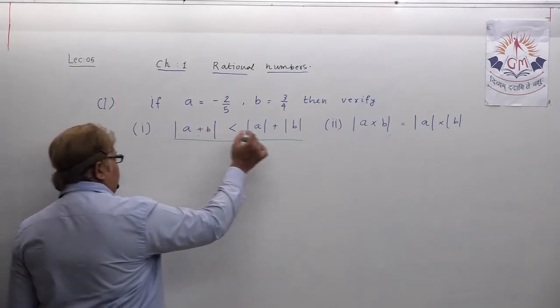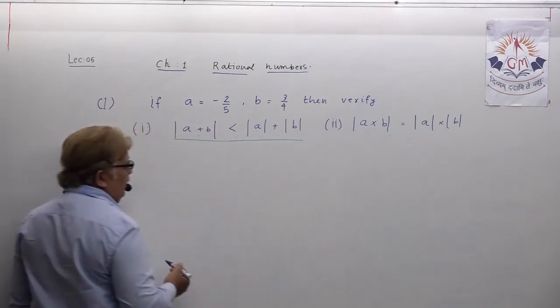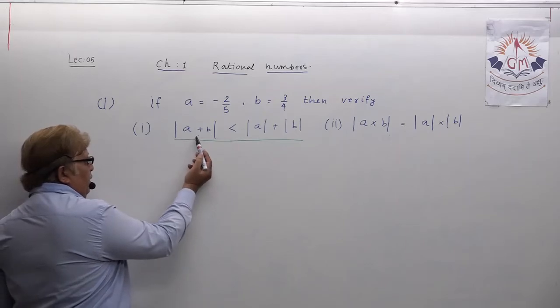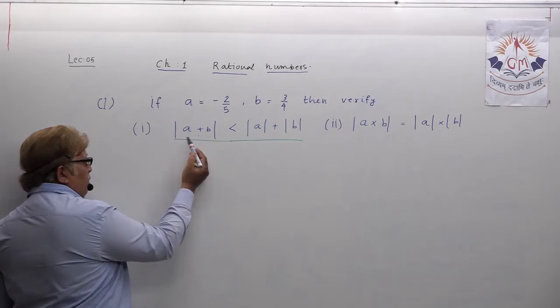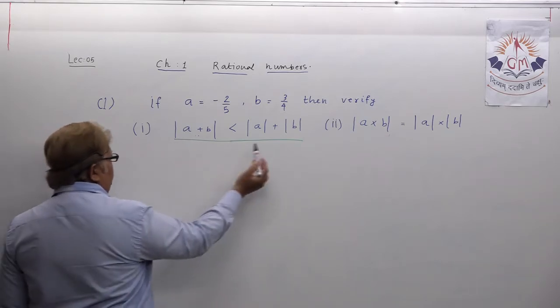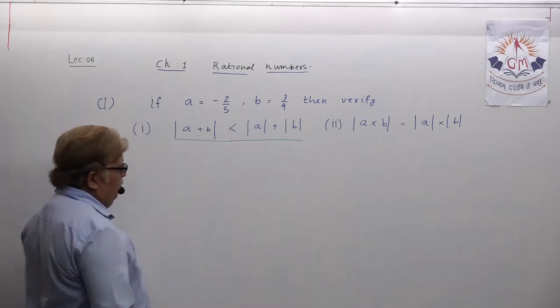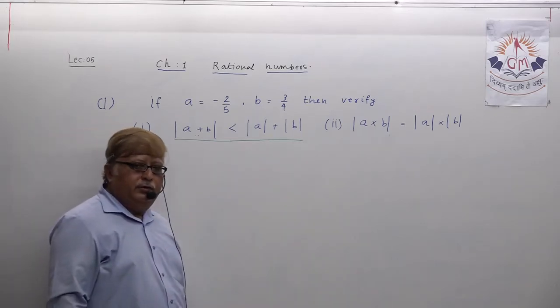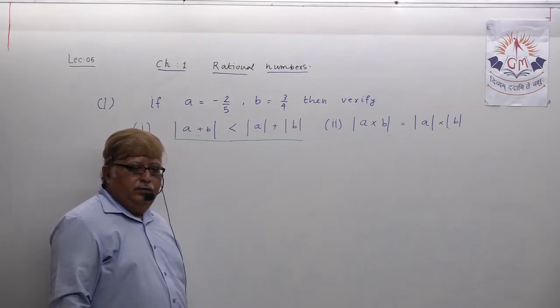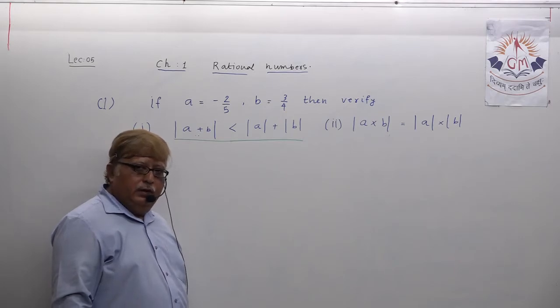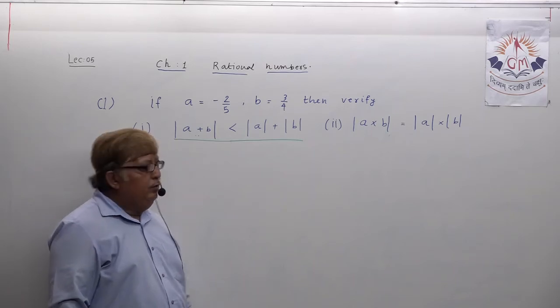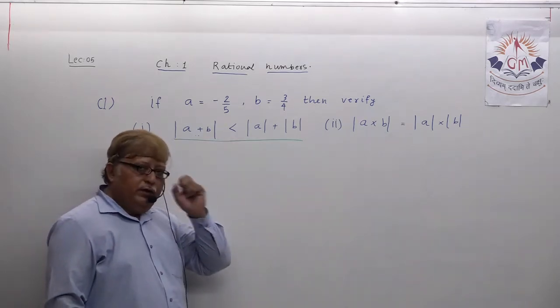This is LHS and this will be RHS. Let us first find LHS and call it result number 1. Then we will find RHS and call it result number 2, and then we will verify whether result 1 and result 2 are equal or not. Here you do not have to prove, you have to verify.